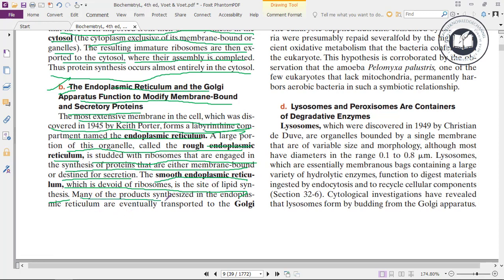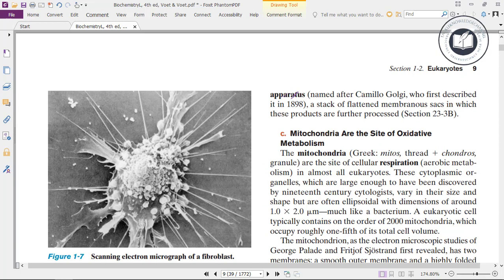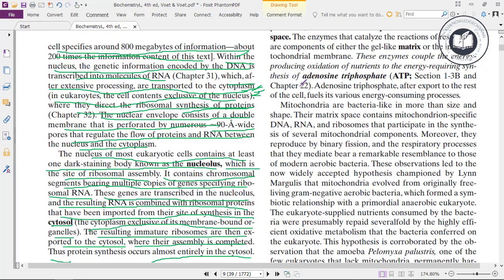Many of the products synthesized in the endoplasmic reticulum are eventually transported to the Golgi apparatus, named after Camillo Golgi, who first discovered it in 1898.